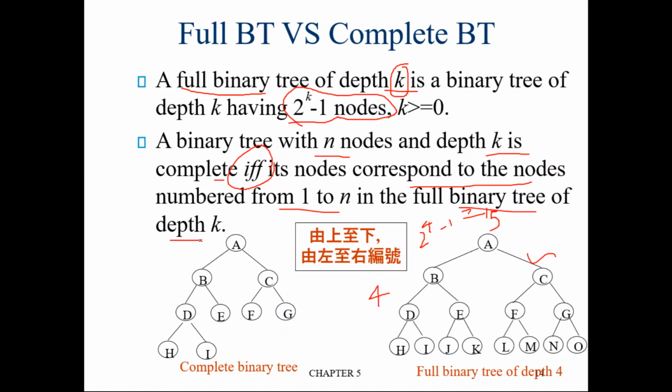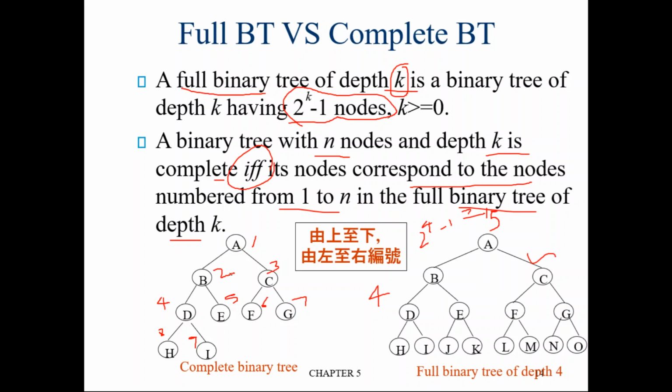So that means if you number these nodes, this is 1, 2, 3, this is 4, this is 5, this is 6, this is 7, this is 8, this is 9. This is a complete binary tree because the nodes are in that order. The nodes correspond to the nodes numbered from 1 to n in the full binary tree.